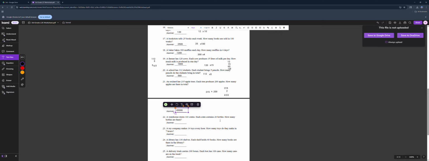Then for number 22, a warehouse stores 101 crates, and each crate contains 20 bottles. How many bottles are there in total? So it's a 101 times 20 problem. You could just do 101 times 2 first and add the 0 in later. So 101 times 2. 1 times 2 is 2. 2 times 0 is 0.